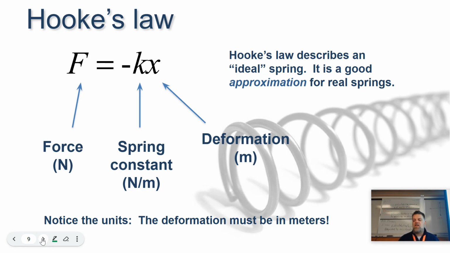Now they say ideal because what happens with these springs, if you pull a spring and you hold it for a really long time, it doesn't pull back as quickly. Okay? And you might actually stretch the spring. So an ideal spring is one that automatically goes back to the way that it was perfectly.